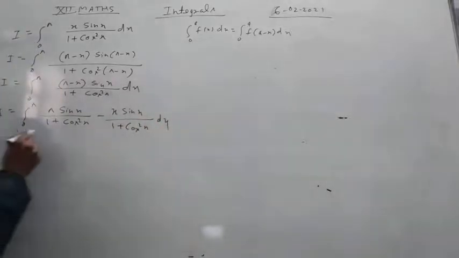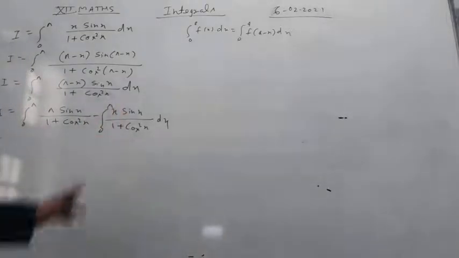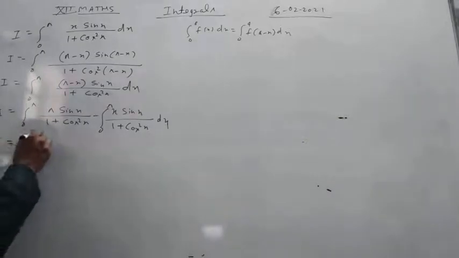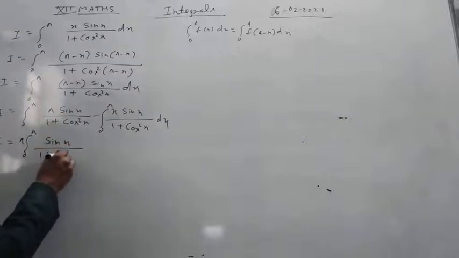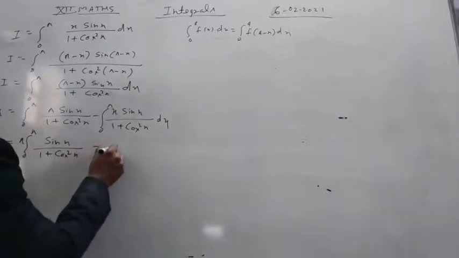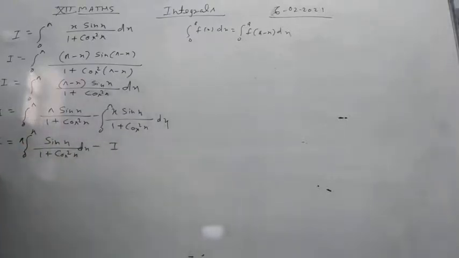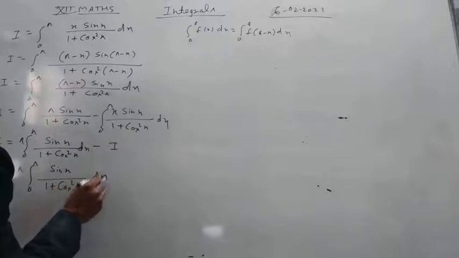So friends, the integral 0 to pi of x sin x by 1 plus cos square x is our I, and we send this to the other side, so we get 2I equals pi times integral 0 to pi of sin x by 1 plus cos square x dx.